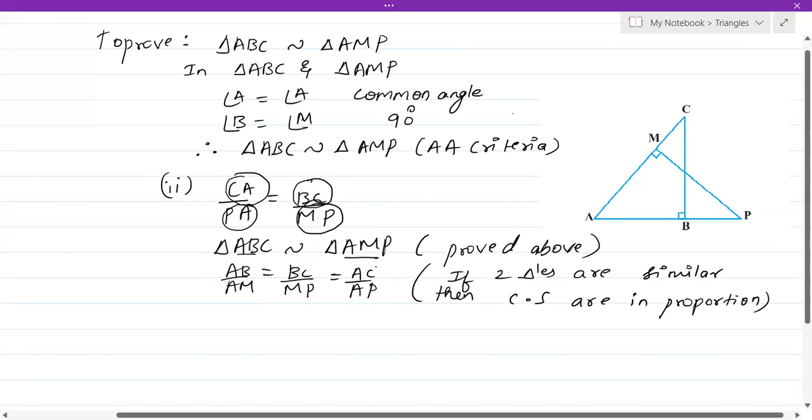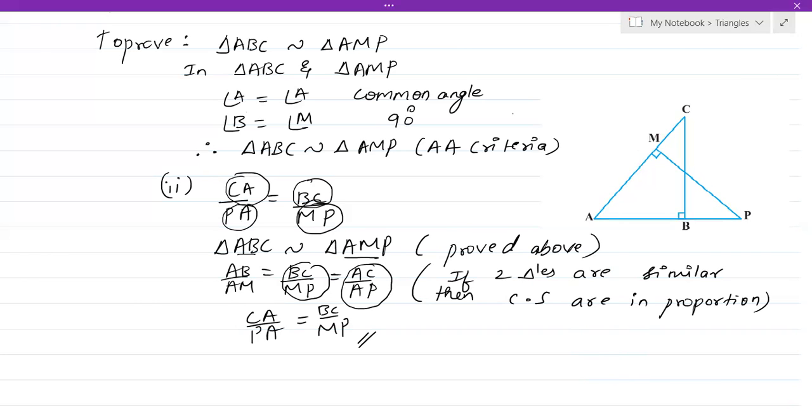Here we have just reversed it: we have written AC by AP, so we can write it as CA by AP or CA by PA, which is equal to BC by MP, and it is here. The first one is not required. Hence, proved. So whenever we have to prove two ratios are equal, this is how we prove: we take two triangles and prove that they're similar. If triangles are similar, then the corresponding sides are in proportion. Okay, so let's get into the next problem.